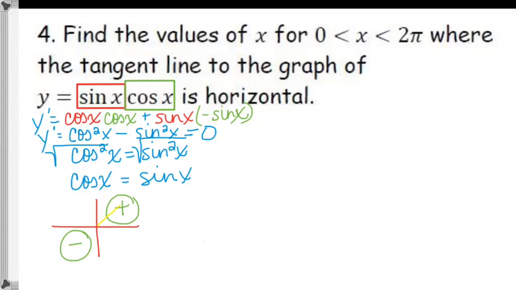Well, that would be at a 45-degree angle, both in the first quadrant and third quadrant. So we're talking about pi over 4. This is my first pi over 4, second pi over 4, third pi over 4, fourth pi over 4. Here's my fifth pi over 4. And so x would be equal to pi over 4 and 5 pi over 4.